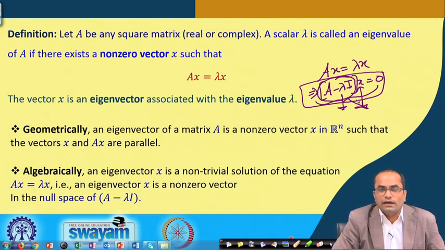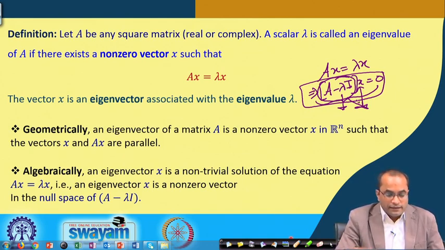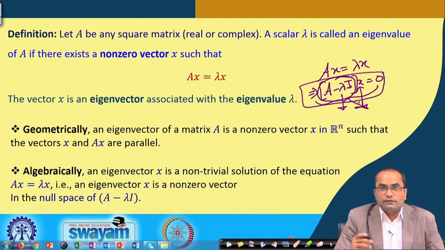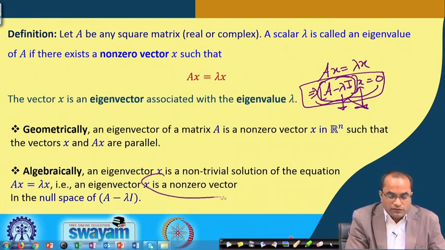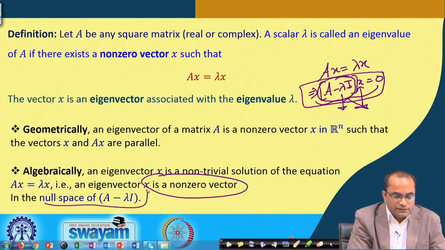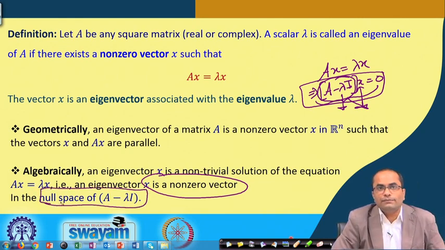The null space also has a 0 vector, but we are looking for the non-zero vector in the null space. So, x is a non-zero vector in the null space of A minus lambda I.